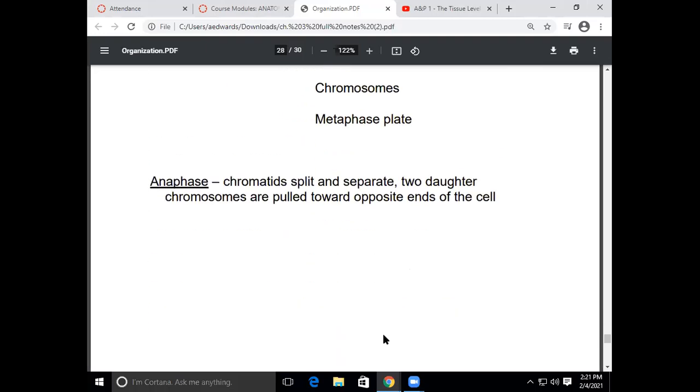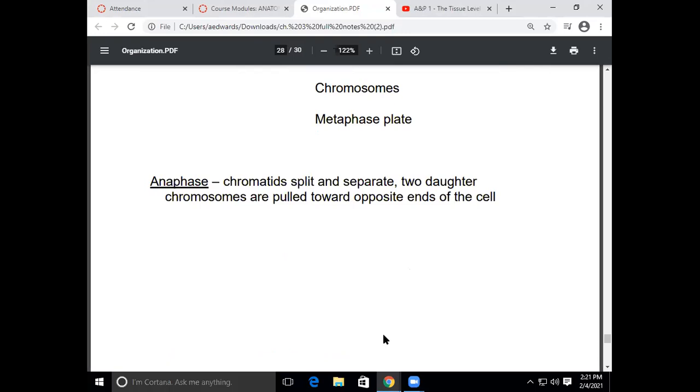All right, then we get to anaphase. And in anaphase, those chromatids or sister chromatids split apart, and we start seeing those migrating to the different sides of the cell. They're being pulled by those spindle fibers.